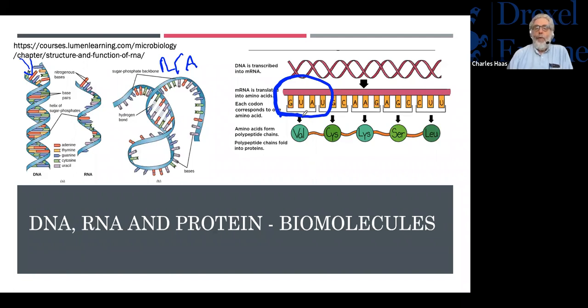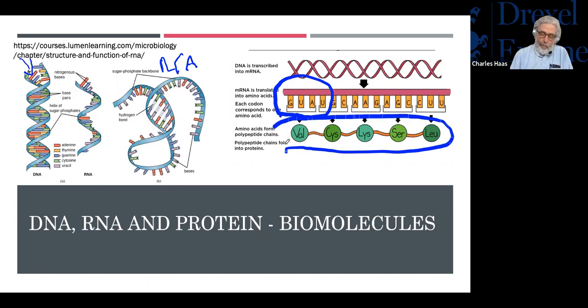And so, for example, GUA on the RNA, guanine, uracil, adenine, corresponds to the amino acid valine, and so forth. And this chain of amino acids, which may be many hundreds or a couple thousand, forms a protein that's functional. So we go from the master copy of DNA to an intermediate messenger RNA to protein.